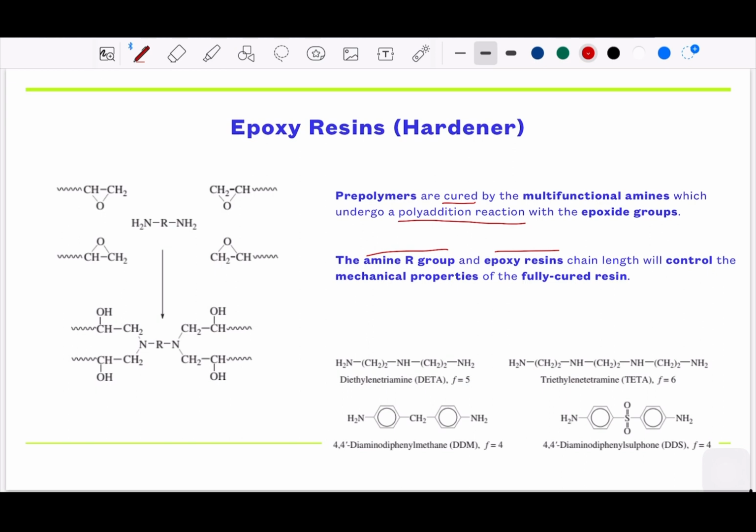Or if we choose to make it more flexible, then maybe just an aliphatic chain for each R. So we can adjust the mechanical property that way.